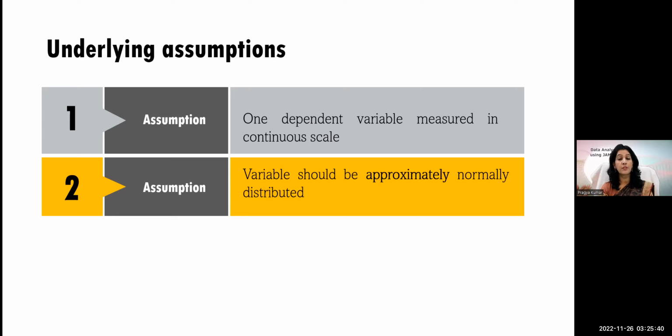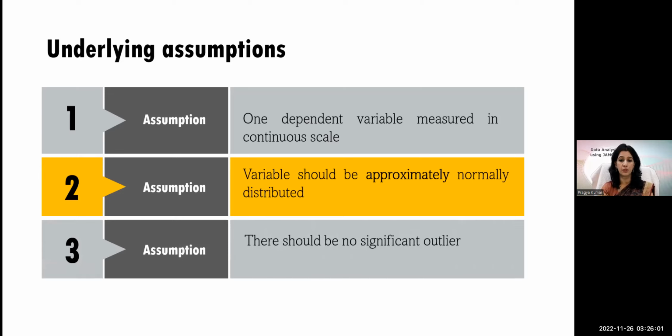So here comes the role of either the QQ plot or Shapiro-Wilk, because you have to test the data before you can apply your one sample t-test. But the assumption is that it is not strictly normally distributed. We always write approximately normally distributed. Then the third assumption is that there should not be a significant number of outliers.